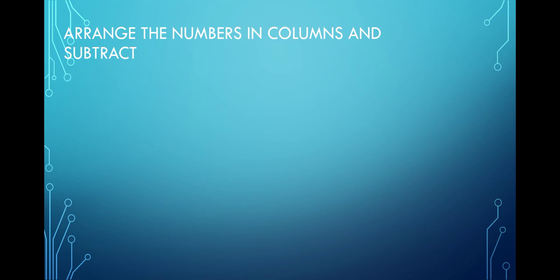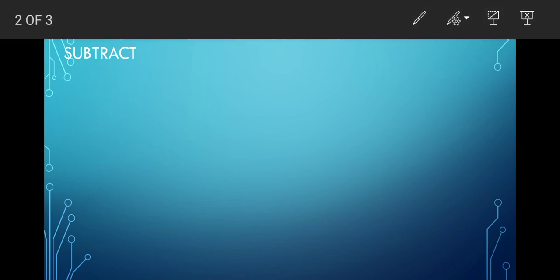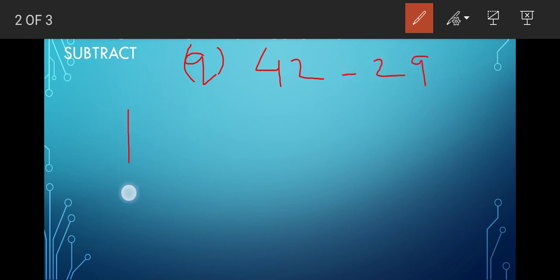So let me do, today we are going to do number Q. What is the question? 42 minus 29. So same as before, we are going to make the columns. Okay children, make the columns.